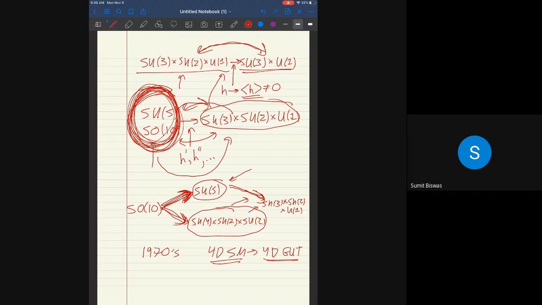The standard model symmetry breaking takes place at something like 10 to the 2 or 10 to the 3 GeV, whereas the grand unified scale is at this much higher 10 to the 16 GeV.